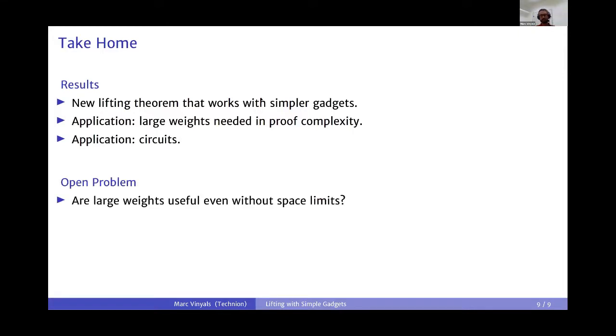I will just give an open problem that's actually the same one that Buss and Clote gave in '96, which is: are large weights needed in cutting planes, but without talking about space now, just talking about length and weights? Are weights important in that case? And thanks for listening.